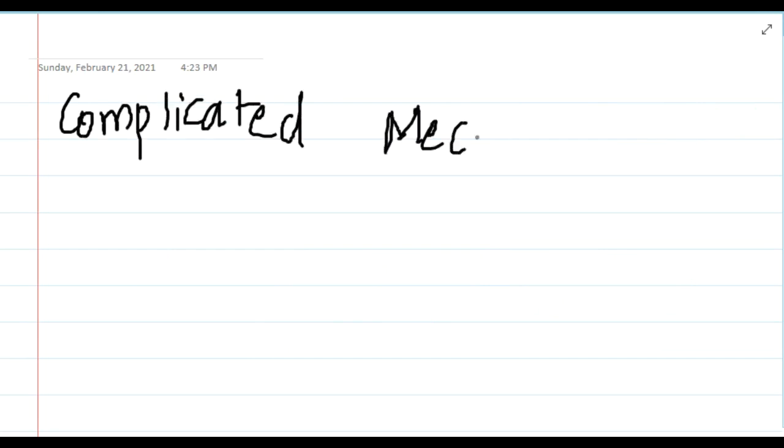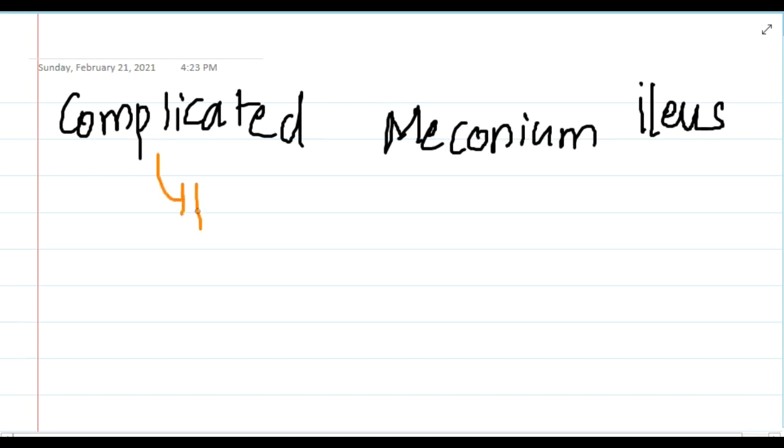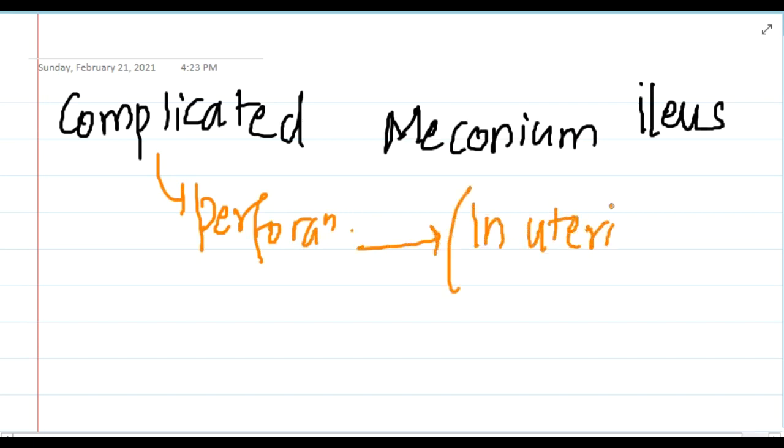Next, after simple meconium ileus, we have complicated meconium ileus. Complicated meconium ileus means the meconium ileus is complicated by perforation. This perforation can occur in utero, or it can occur immediately after birth.